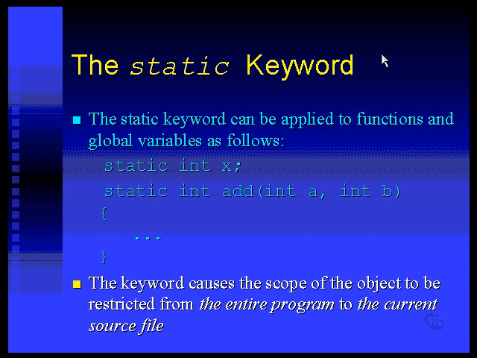Now, the static keyword could be used to clear up this mess. All I would have to do is put the word static on each of the two global variable counts, and then I would suddenly have two variables, but they would no longer be global, they'd be static. Each one would be visible only within the .c file in which it was declared. Thus they wouldn't interfere with each other.